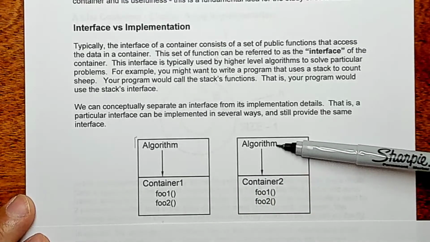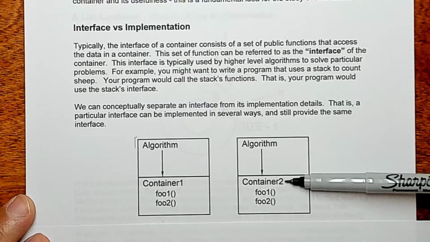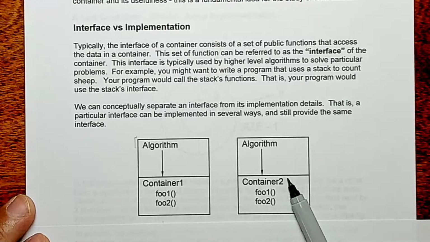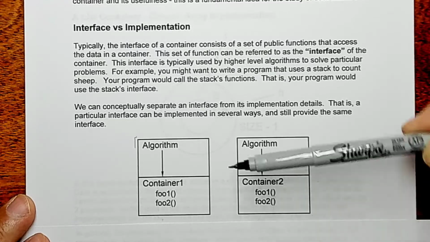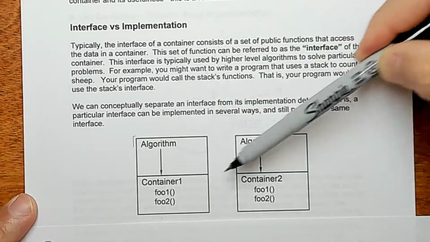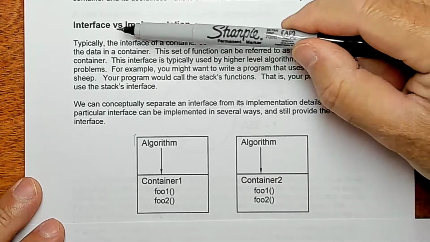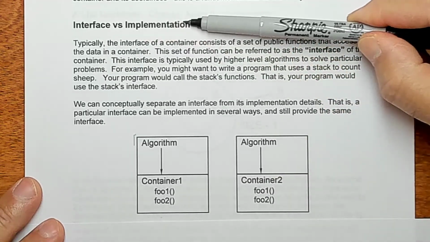So over here in this other little diagram, I have the same algorithm, but it's using a different container, container 2. Container 1 and container 2 have the same interface because they have the same functions, foo1, foo2, foo1, foo2. So the sheep counting algorithm up in here can use either one of these things, and it doesn't care. So that's the idea of interface versus implementation.